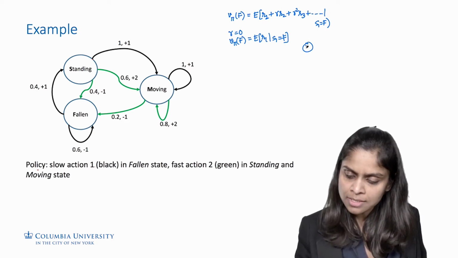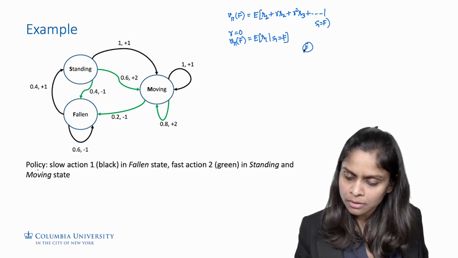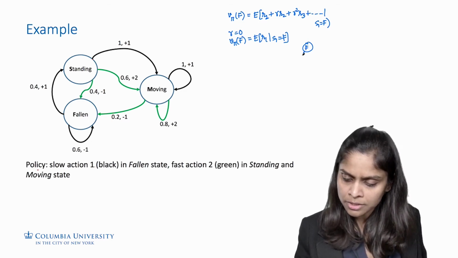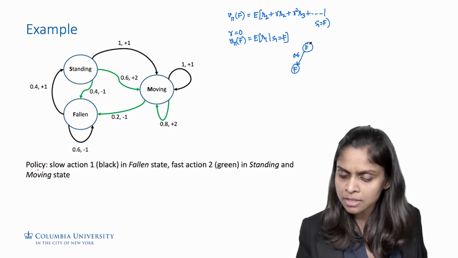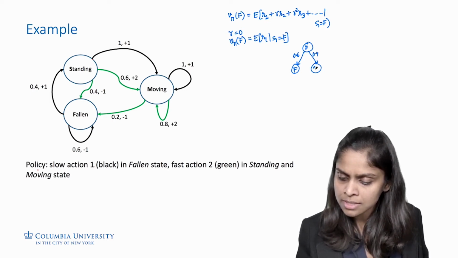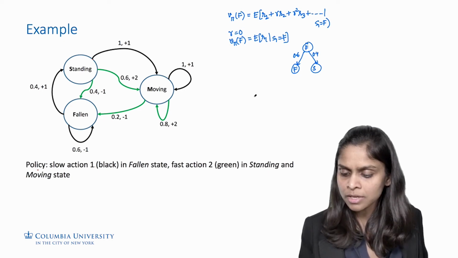The policy says that starting from the fallen state, the action taken has to be the slow action, in which case with 0.6 probability the next state is again the fallen state and the reward is -1. With 0.4 probability the next state is the standing state and the reward is +1.